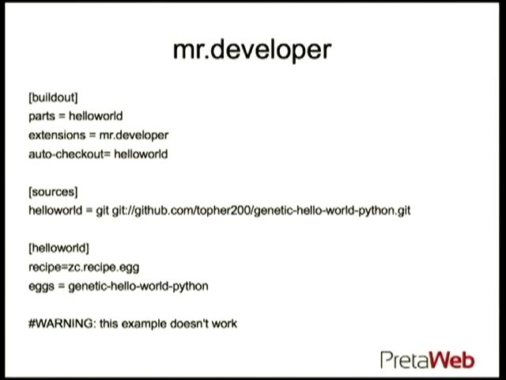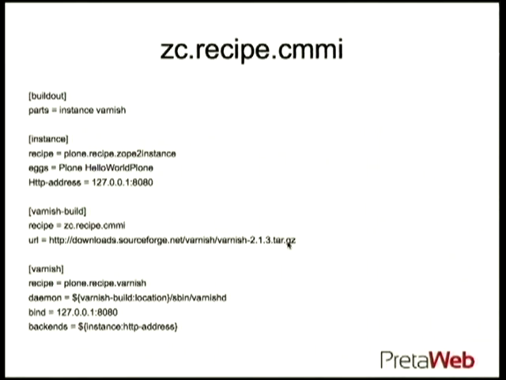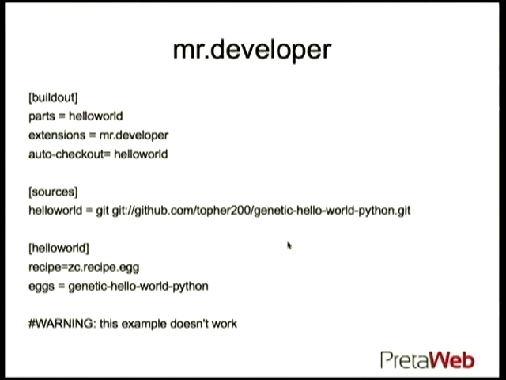And what mr.developer will do is create a develop command. So you then go bin develop, check out hello world, or bin develop, update everything. It gives you a whole bunch of handy things to manage lots and lots of different source code projects. And you've got this auto checkout here, which means that as soon as the build-out's created, it will go check those out.